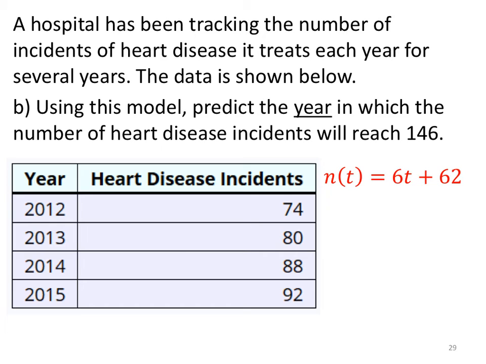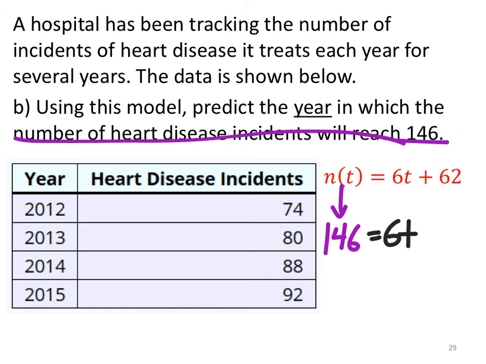So the idea is still the same though, right? Where ours is 146, yours is 136. It's just a matter of where you place it into the function that they gave us. Well, 146, that's the number of heart disease incidents, the n part of that, which now equals 6t plus 62.